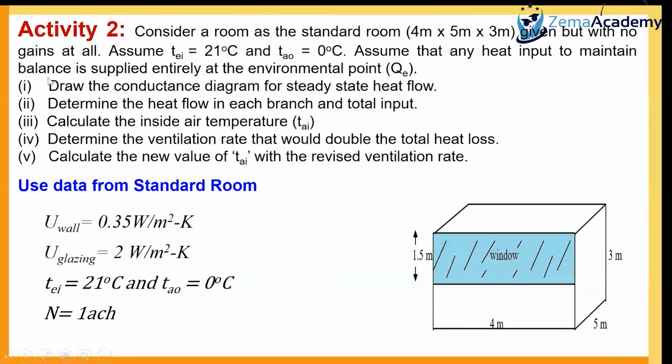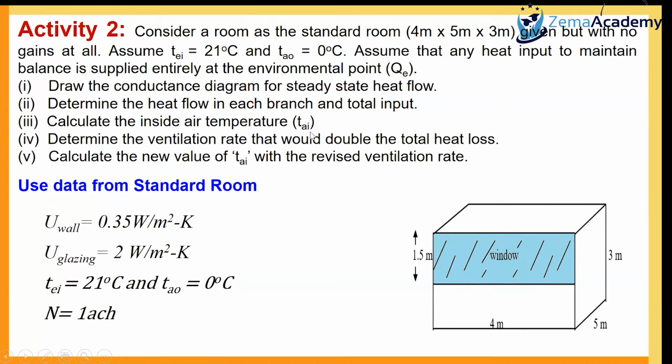So based on that, the first part of the question is to draw the conductance diagram for the steady state heat flow. So now you know how to make a conductance diagram, okay? Second, determine the heat flow in each branch and total input. So for this conductance diagram, you need to determine the heat flow in all the branches as well as the total heat input. The third part is to calculate the inside air temperature, which is not known over here because we are given the inside environmental temperature and outside air temperature.